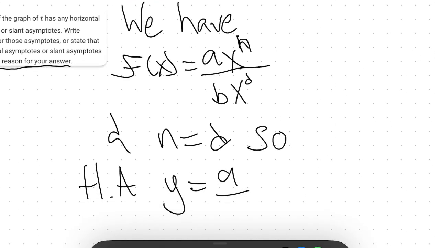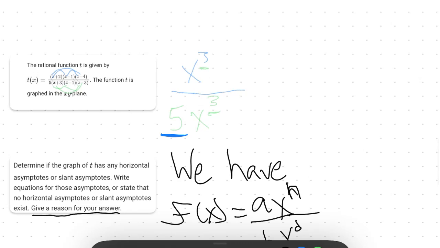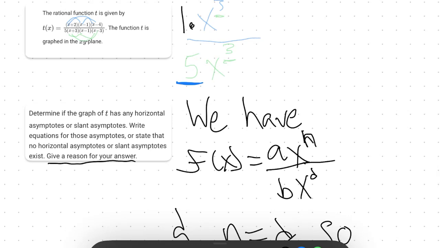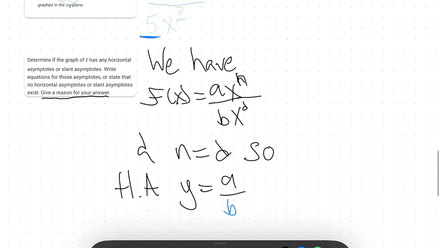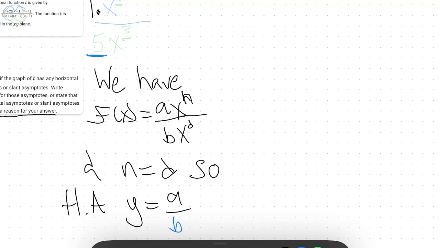Just to show you different colors, it makes sense. Okay. B is 5. A would be 1. I know what was fresh in our mind was long division, and we can find the slant asymptote using long division. But if we know this, it makes it a lot easier, because all we have to do is that it's a over b, so it's literally y equals 1 over 5.